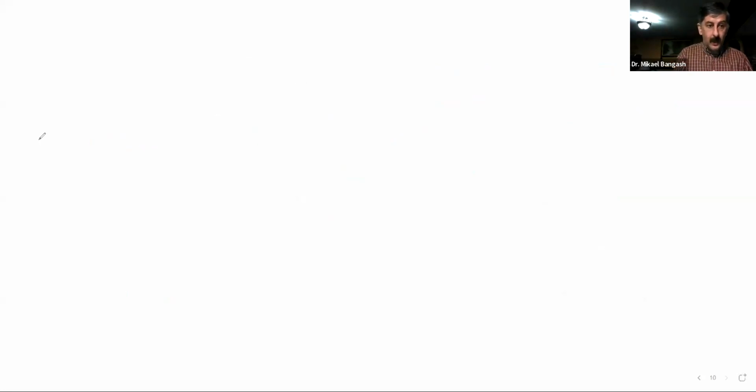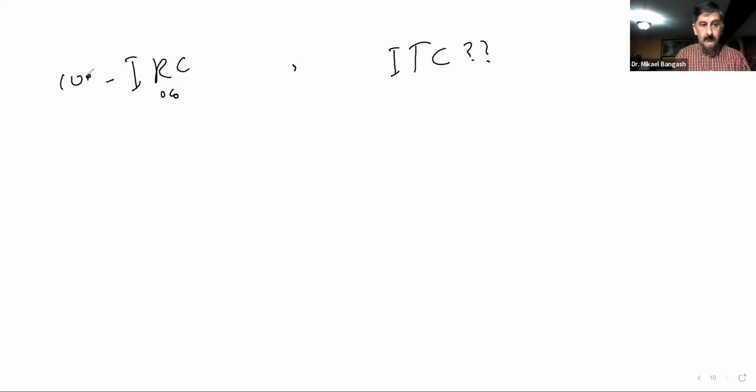But if you are given, for instance, a reflection coefficient, and you're asked to calculate the transmission coefficient, we just subtract this percentage from 100.